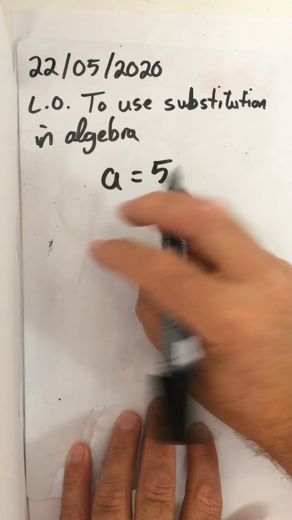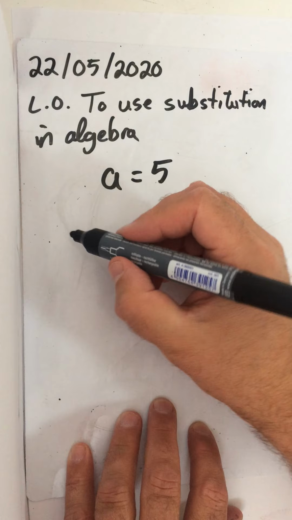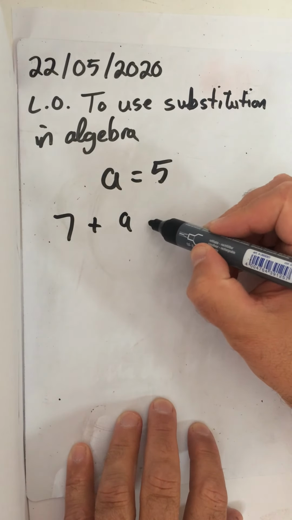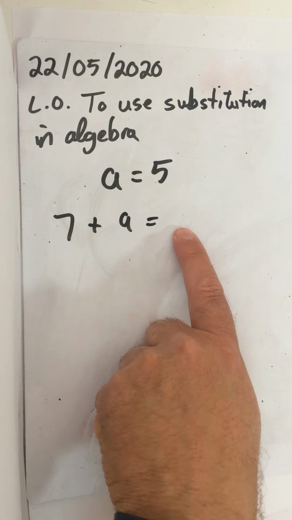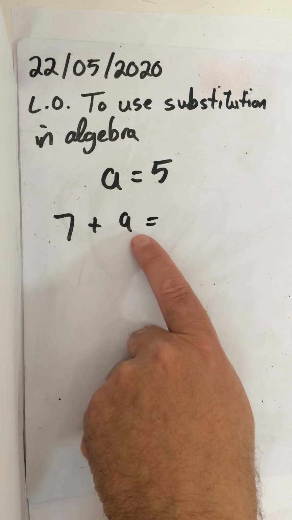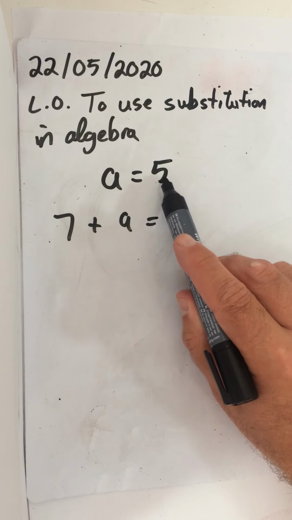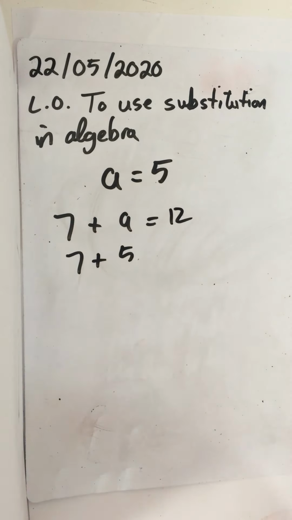So therefore, you have to find the value of the expression 7 plus a equals. So now we do have to find the answers to the values of the expression of this sum here, basically. So 7 plus a, well, if a is worth 5, that's the same as 7 plus 5, so the answer is 12.